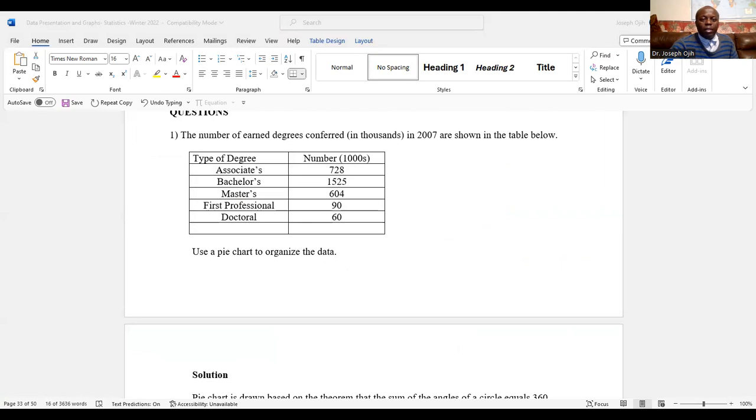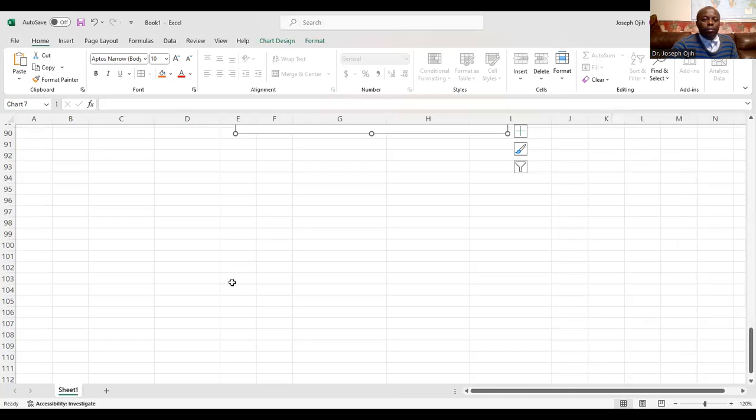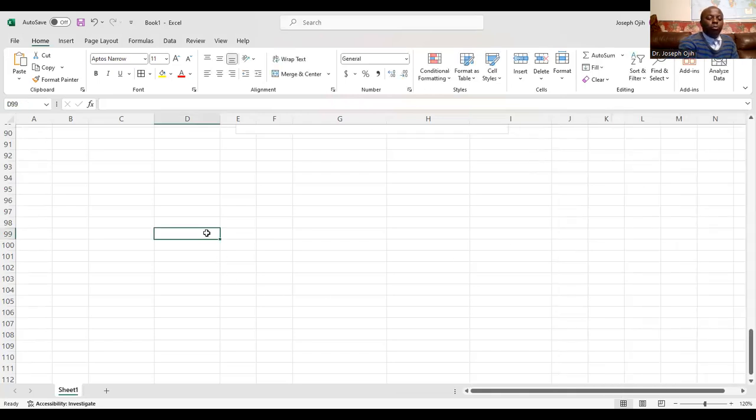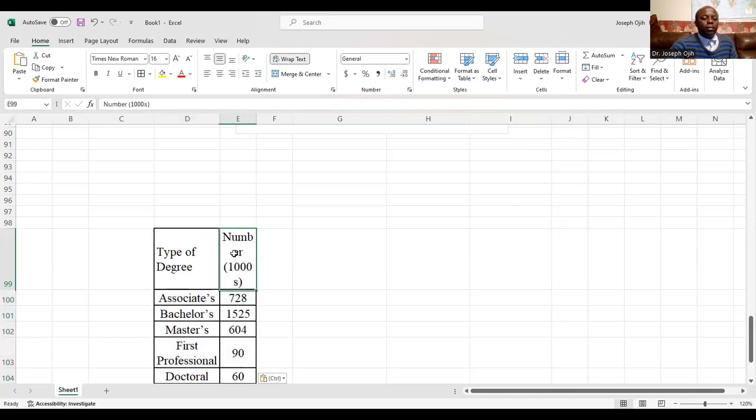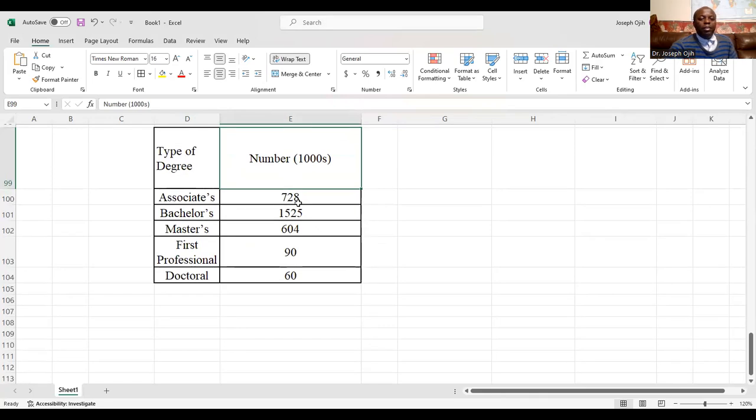I'm going to scroll down, click here and press Control V to paste it. So the type of degree and then the number awarded. Now highlight it, but don't highlight the title, just start from the numbers. Remember, this one is highlighted too, it just doesn't show. Okay?